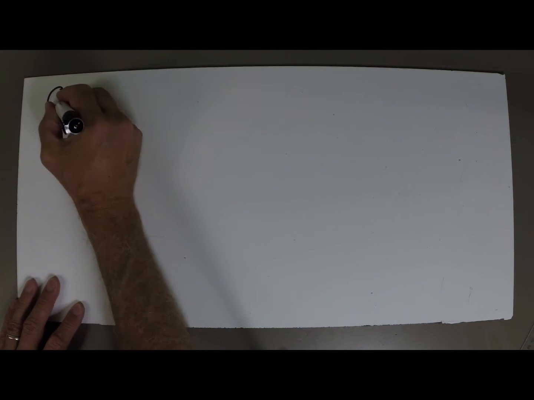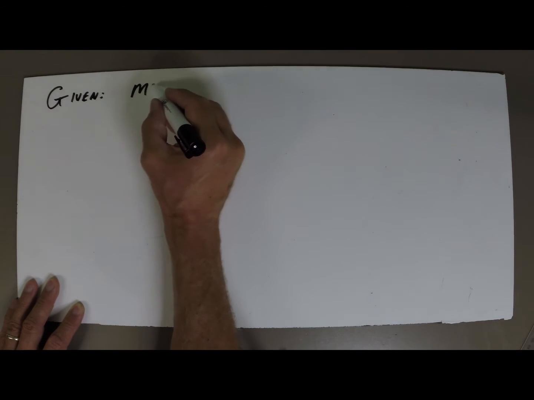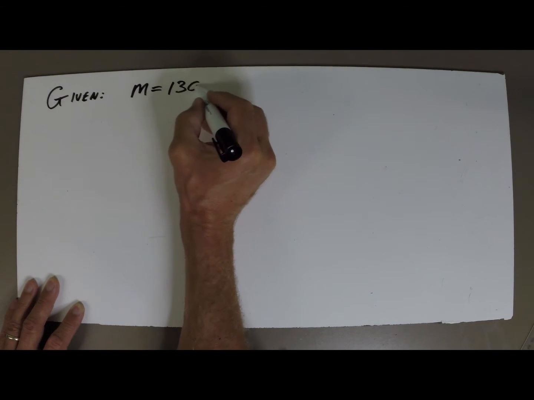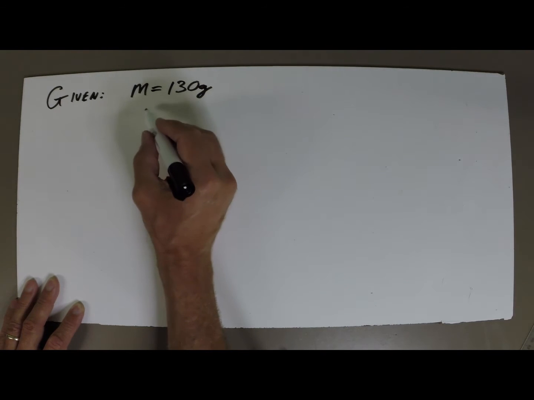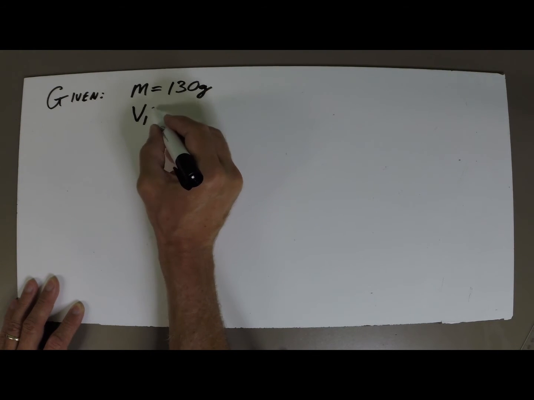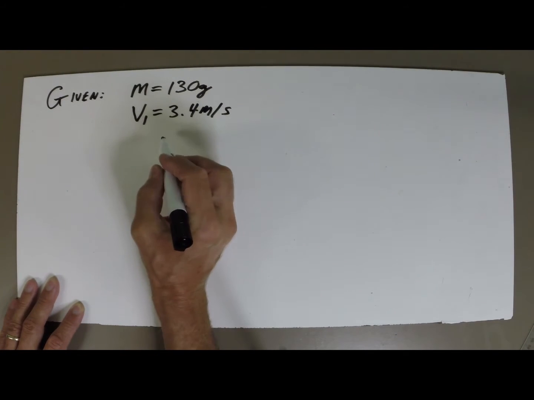Now the first step of any problem solving is to identify the given information and write it down as mathematical symbols, numbers and units. So we'll start with given, and we are given the mass of the eraser, 130 grams. We are given the initial speed, so we'll call that V1 of 3.4 meters per second.